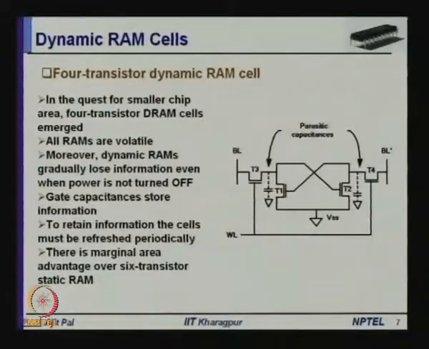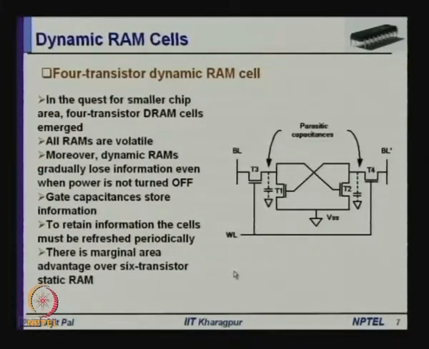So, you require additional hardware, and as a consequence, by shifting from 6 transistor static RAM to 4 transistor dynamic RAM, there is no significant reduction in area. So, this was not really very popular, but because of historical reasons I have discussed it.